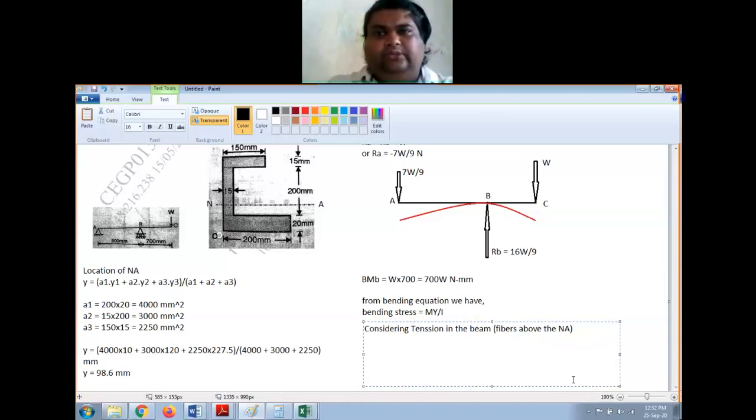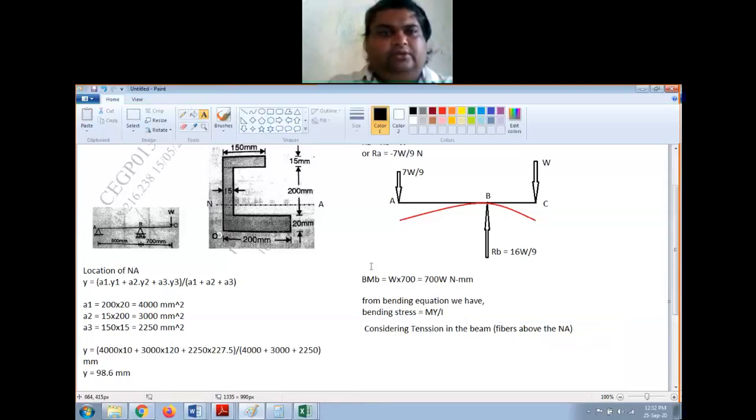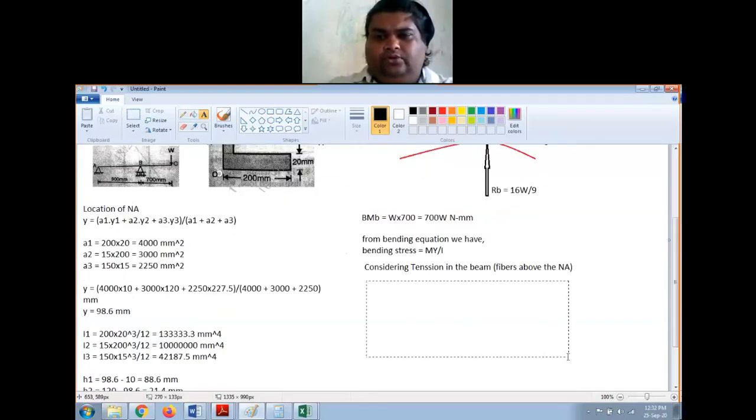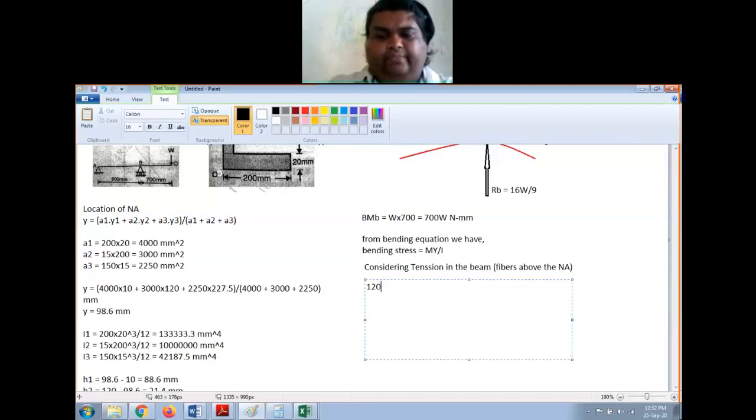I am substituting the values now. The permissible tensile stress is 120 megapascal. So 120 is equal to the maximum bending moment, 700 W, in Newton mm, into the y value.